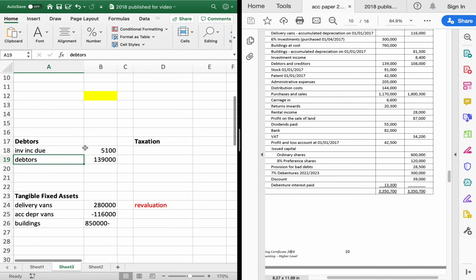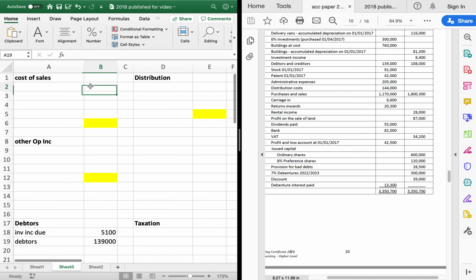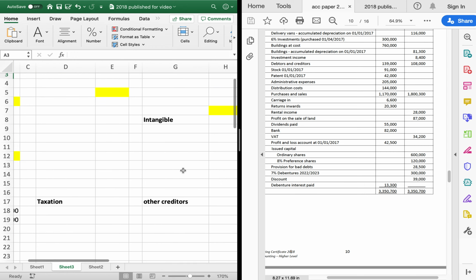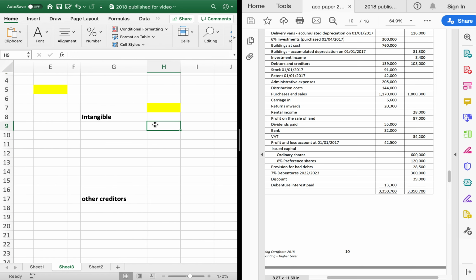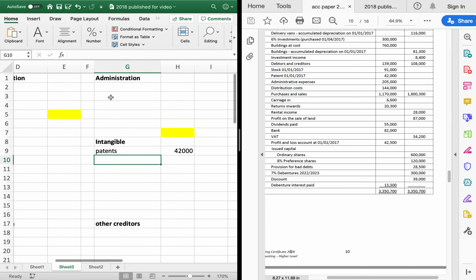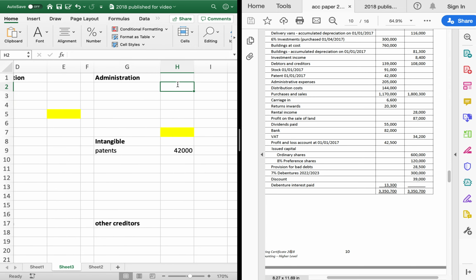Stock is your opening stock. So opening stock is in cost of sales. Patents, 42,000. That's our intangible fixed asset. Now, you have to do a bit of a working on this. We'll see it later on. Admin, well, admin will go into admin. And distribution will go into distribution.